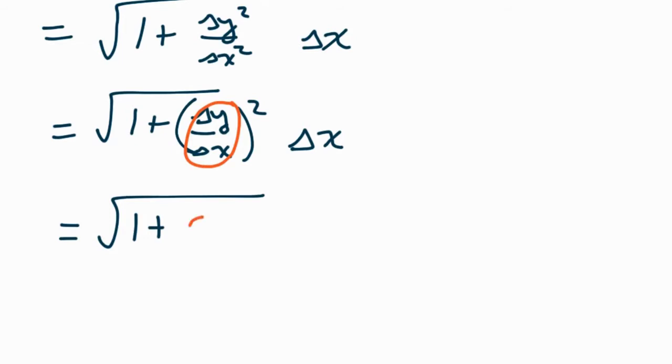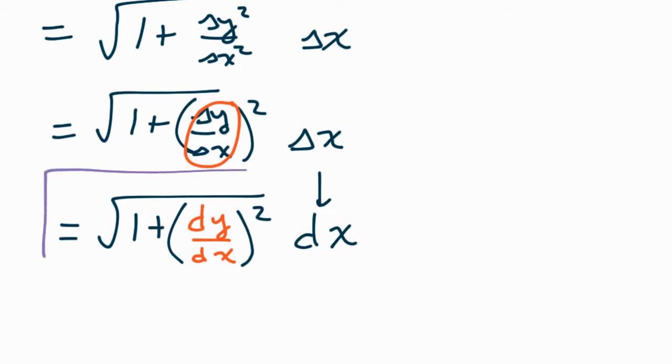That's right, it's the derivative. We can actually change this equation to be, by the way, we'll change this delta x out here also to be dx, but we change this equation to now be in a form that uses calculus variables that we understand.